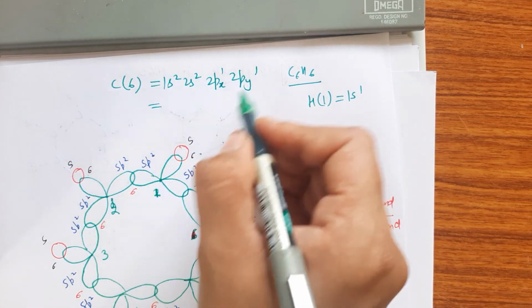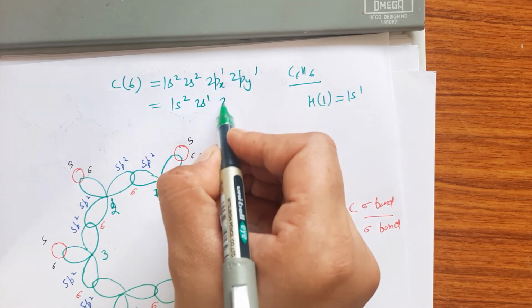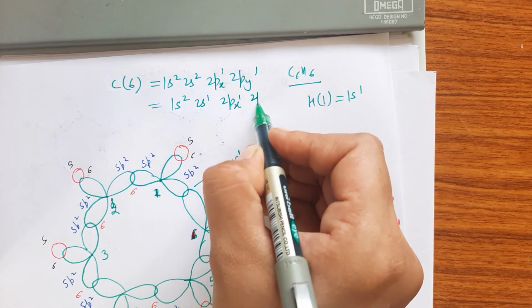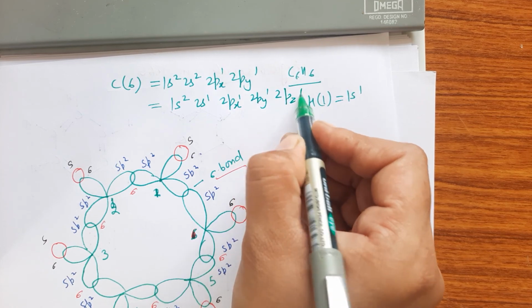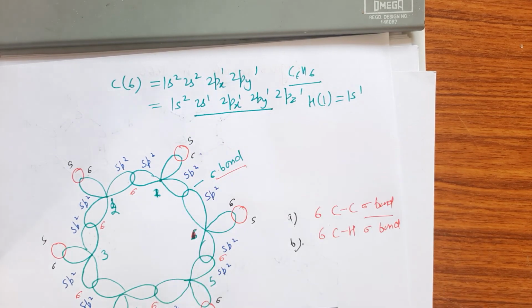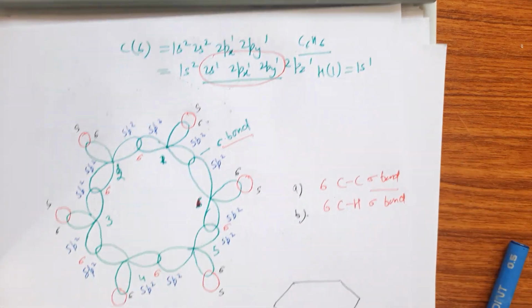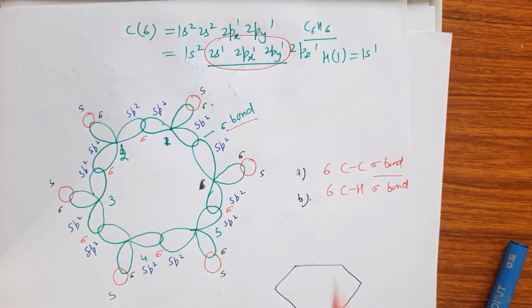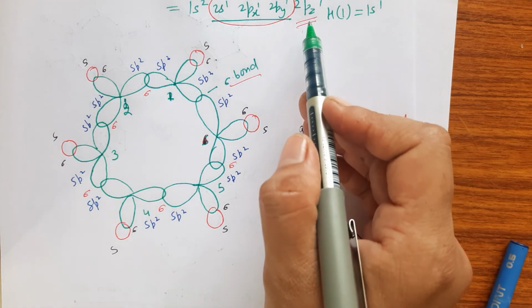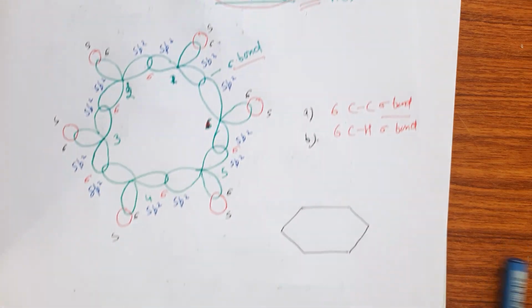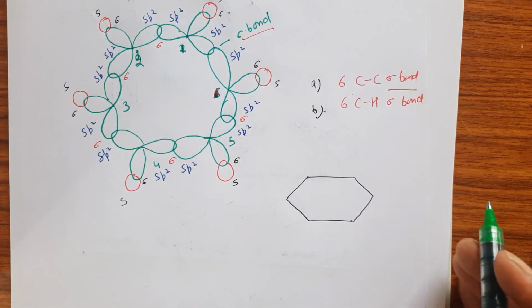So when the 2s goes to its higher excited state, then this s and 2p combine together and undergo hybridization. So there is one unhybridized p orbital for each carbon atom. There is presence of one unhybridized p orbital at every carbon atom, right?